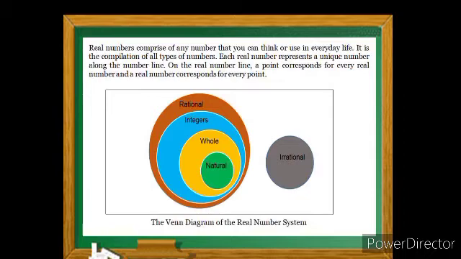Integers are composed of whole numbers, and whole numbers are natural numbers. Therefore, natural numbers are whole numbers, whole numbers are integers, and integers are rational numbers. So let us look first at the innermost, which is the natural, then whole numbers, then integers, and rational.